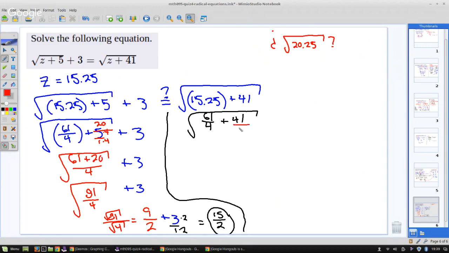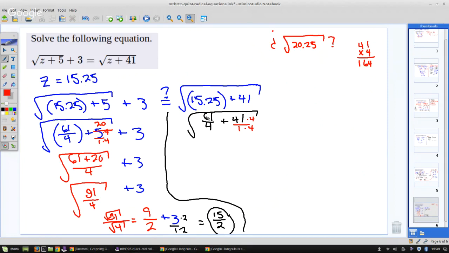To add fractions, we need a common denominator. Common denominator is going to be 4. Scratch paper. 41 times 4. 4 times 1 is 4. 4 times 4 is 16. So I get 164.